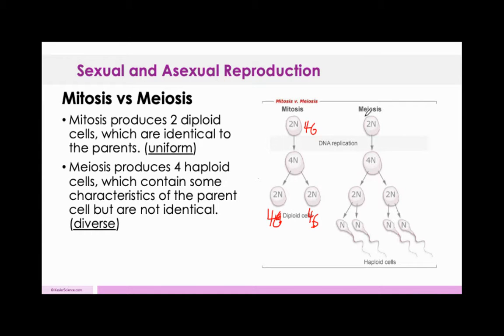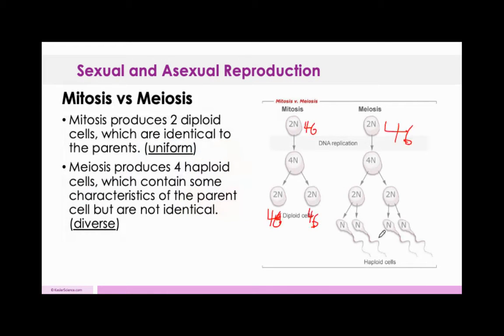Now, meiosis, however, is going to start out with one cell with 46 chromosomes, and then it's going to end up with 4 individual cells at the end that are going to have 23 chromosomes. Now, the difference is every one of these particular cells, in this case sperm cells, is going to be unique.